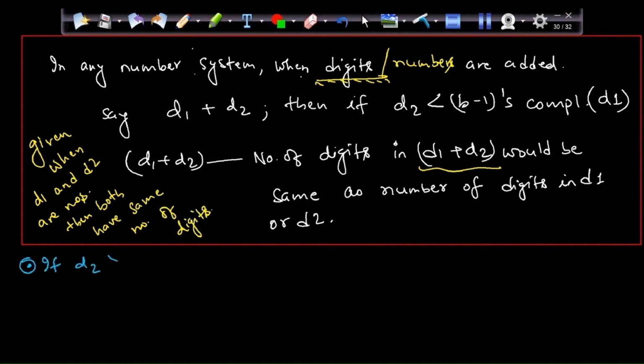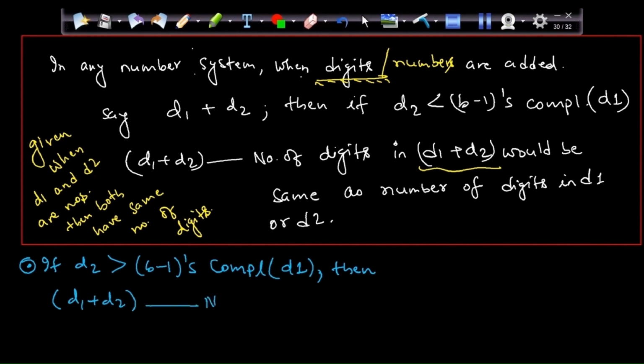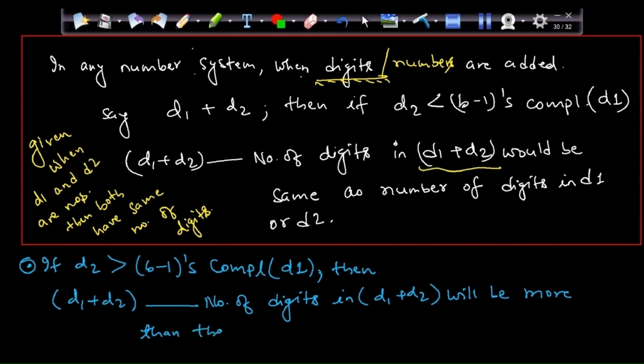if d2 is greater than the (b minus 1)'s complement of d1, in that case the number of digits in d1 plus d2 will be more than the number of digits in d1 or d2.